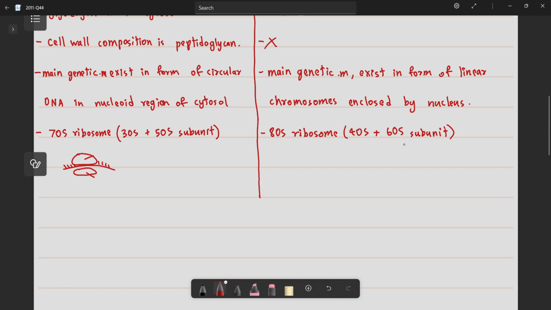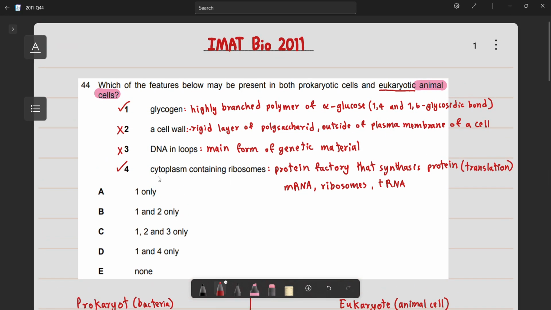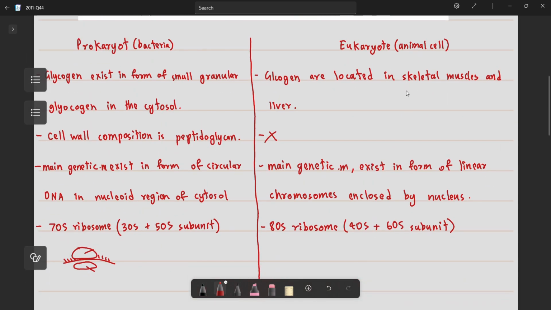So these are the main subunits for 80S ribosome in eukaryotes and the 30S plus 50S subunits for 70S ribosome in prokaryotes. Hence statement 4 is correct. It is common in both prokaryotics and eukaryotics.